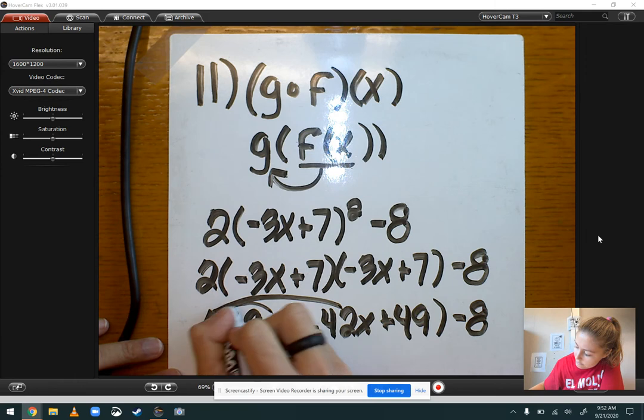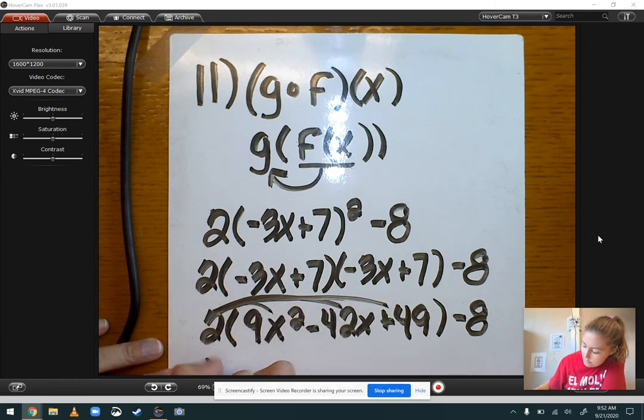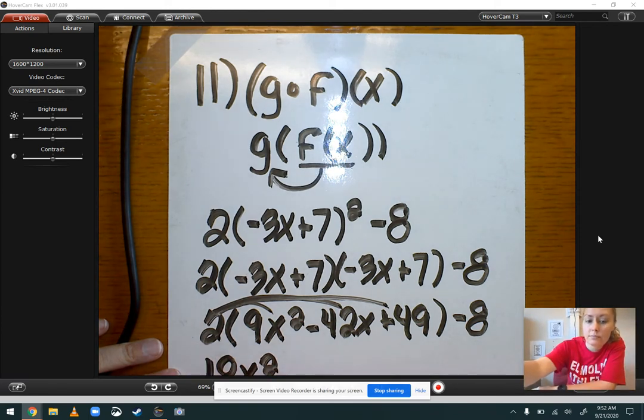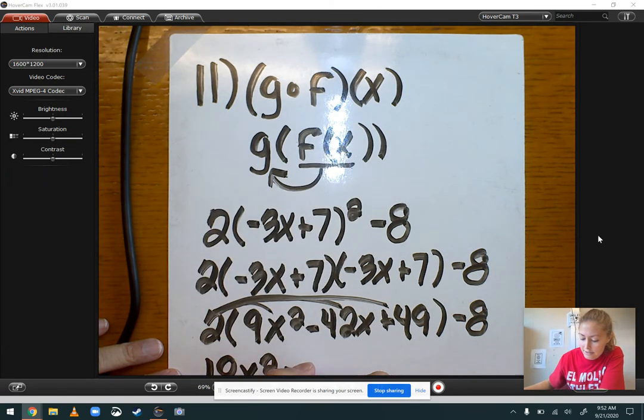Distribute the 2 to everything. We get 18x squared minus 84x plus 90.